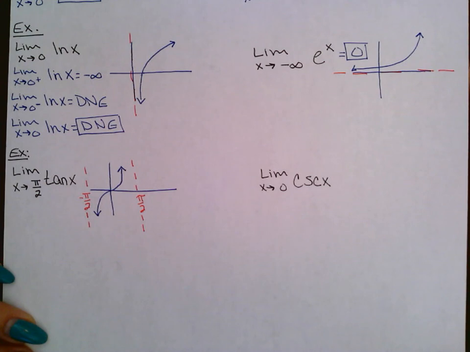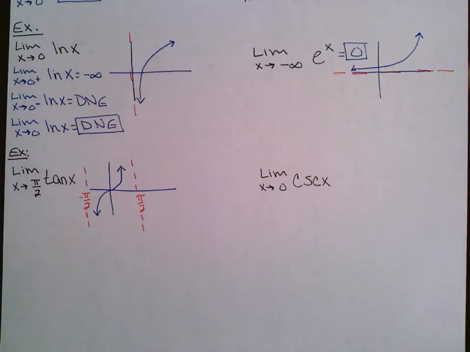Okay? So these are things you should have in the back burner from pre-cal. If not, remember I have a formula sheet with all of these trig functions. You can also go back to the video that's taught in trig and in pre-cal to remember what these graphs look like.